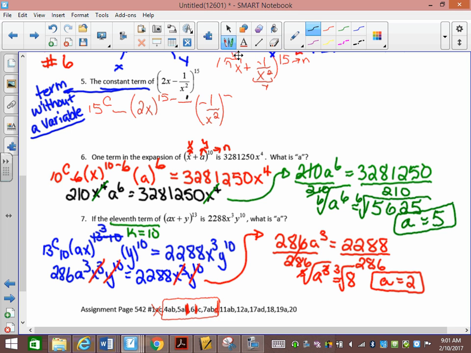Then I'm going to try 6. This would be x to the 9. This can be x to the 12. Do they cancel? No. I'm going to try 5. This is going to be x to the 10. This is going to be x to the, we found it. Put a 5 here.